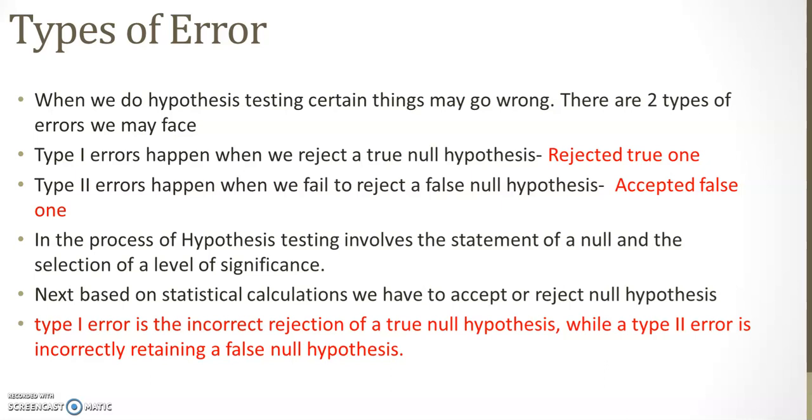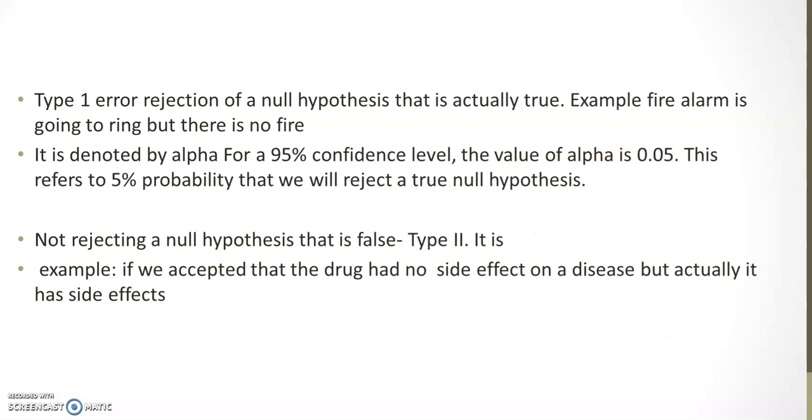Level of significance means 5% or 1%. If more accuracy is expected, they may go for 1% level of significance. So, type 1 error is the incorrect rejection of a true null hypothesis, while a type 2 error is incorrectly retaining a false hypothesis.